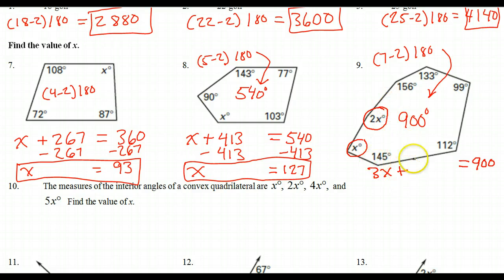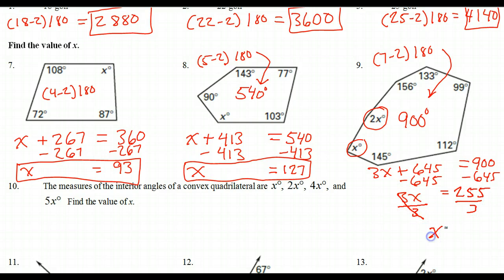Okay, so 3x plus the rest of this stuff, well, that is 645. So now we have to just subtract 645 from both sides. Okay, so that's going to give me 3x equals, well, that is 255. Then if we divide both sides by 3, we get that x is 85. Alright, that's how you do number 9.